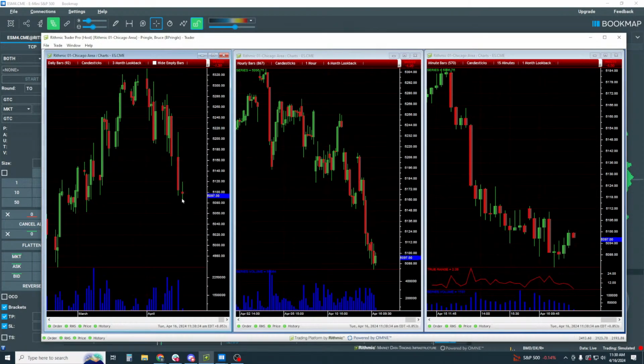Here, you can see it in the daily. We're still trending down here. Clearly we're still in a downtrend, but the slop is in this big range. This big engulfing candle didn't tell us much.